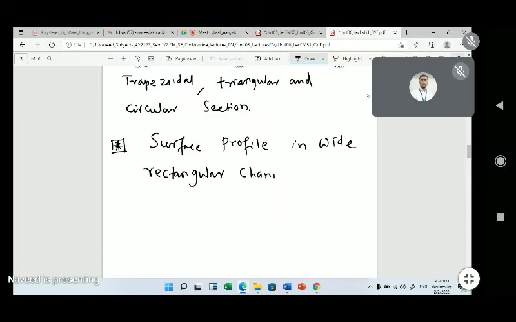What is the surface profile? The top level of the water or any liquid that is flowing makes a profile with respect to the flow, the slope of the bed, and the total energy gradient line. If you are drawing the profile in case of any type of channel, that is called the surface profile. How you will make the surface profile, we will see here.